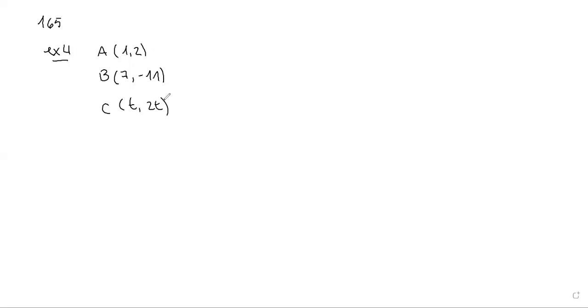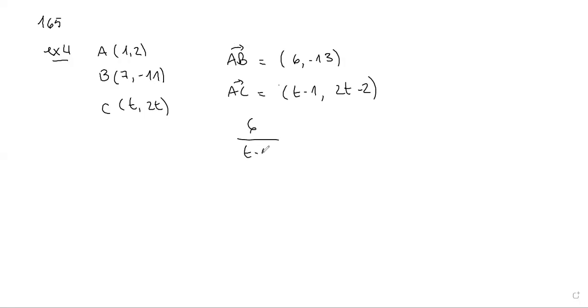Okay, now I have to calculate the value of t, so the 3 points will be aligned. I have to do the same thing. I calculate AB, and that is 6 minus 13. I calculate AC as if I knew the value of t, and that is t minus 1, and that's 2t minus 2.